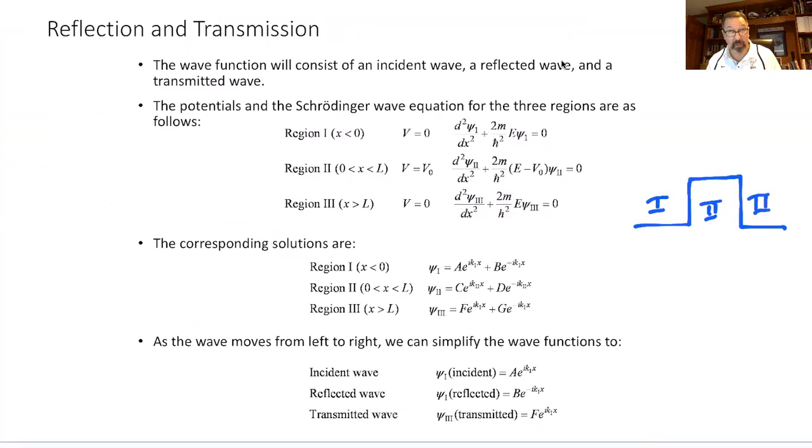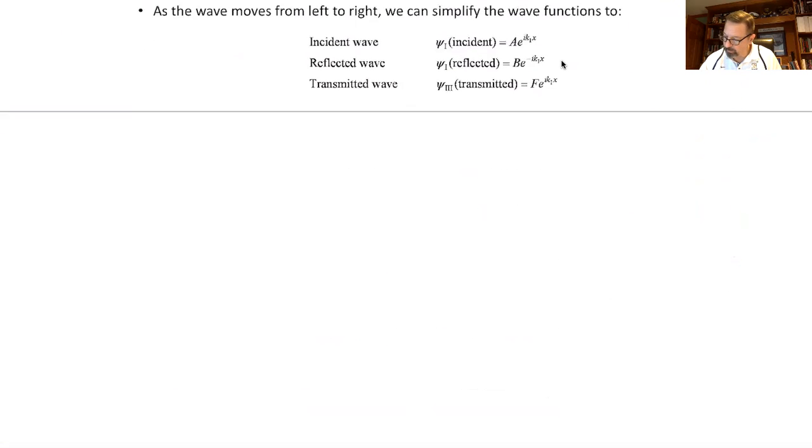They're complex exponentials, and I'll show that here in just a second. But if you consider a particle just moving to the right this way, we can simplify these solutions. And in fact, we're going to completely ignore what's going on in the middle section. Let me go to the finger thing to move; trying to move while I'm still in pen mode, I'll never get it.